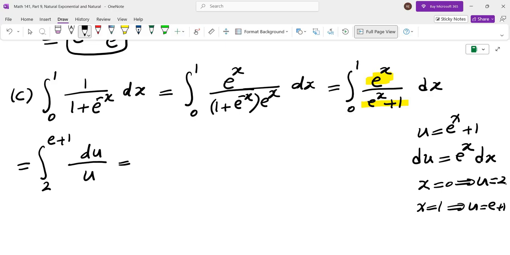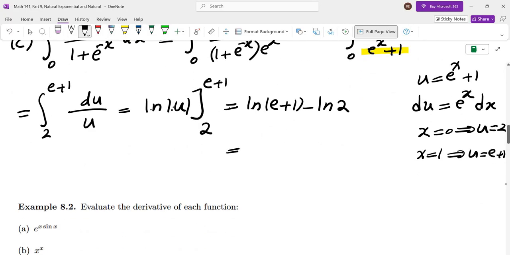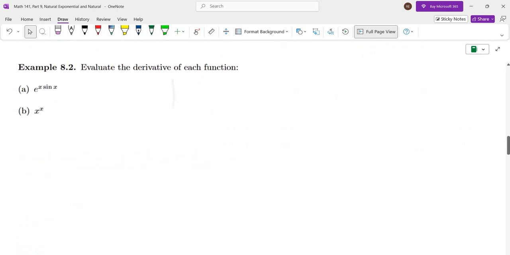We can use the integral of 1 over u, which is the natural log of the absolute value of u, and then we have to plug in the values from 2 to e plus 1. Now both e plus 1 and 2 are positive, so we don't need the absolute value. And that is our answer. We can combine these two: natural log of e plus 1 over 2. So this is our final answer.